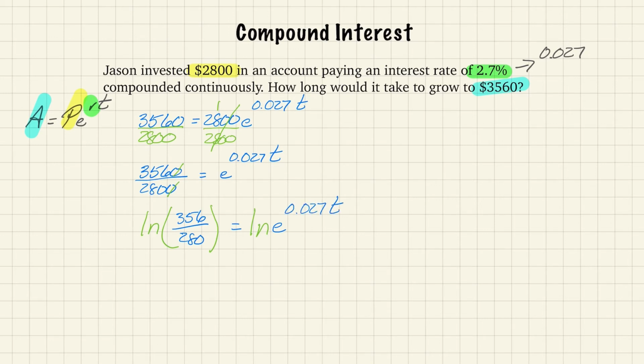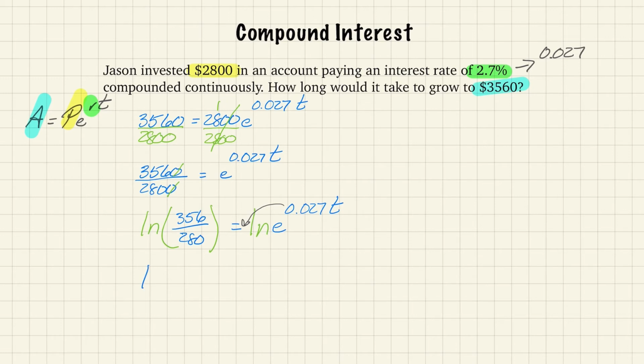Now that I've taken the natural log of both sides, only now can I apply the power rule. So now I can bring the exponent, 0.027t, down in front. By use of the power rule, I will do that.